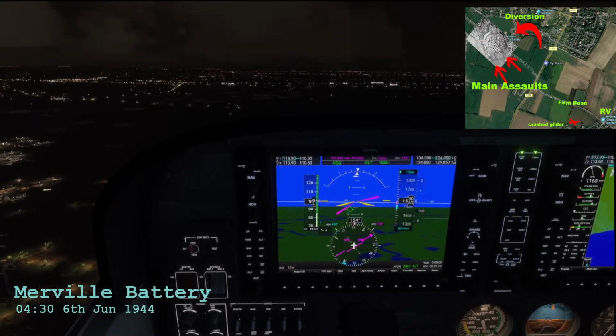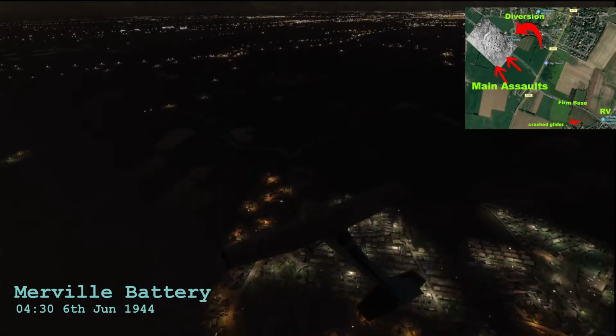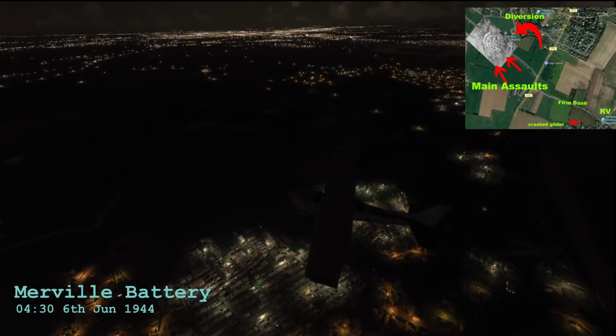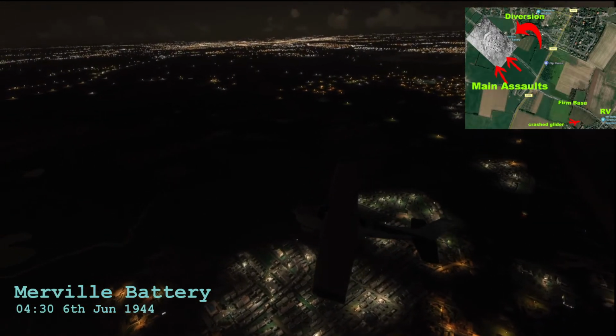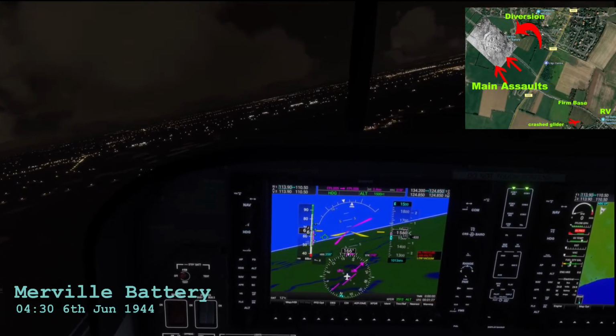Okay, so we'll cut the engine here, and we're going to try and find this battery.